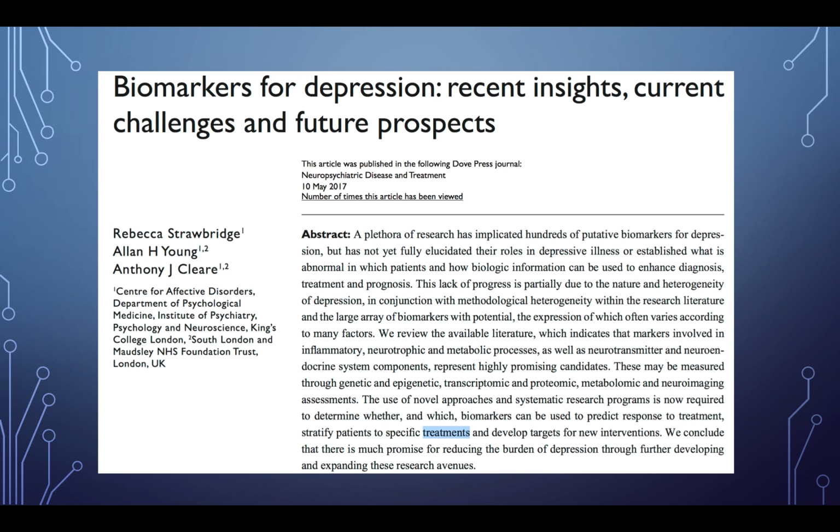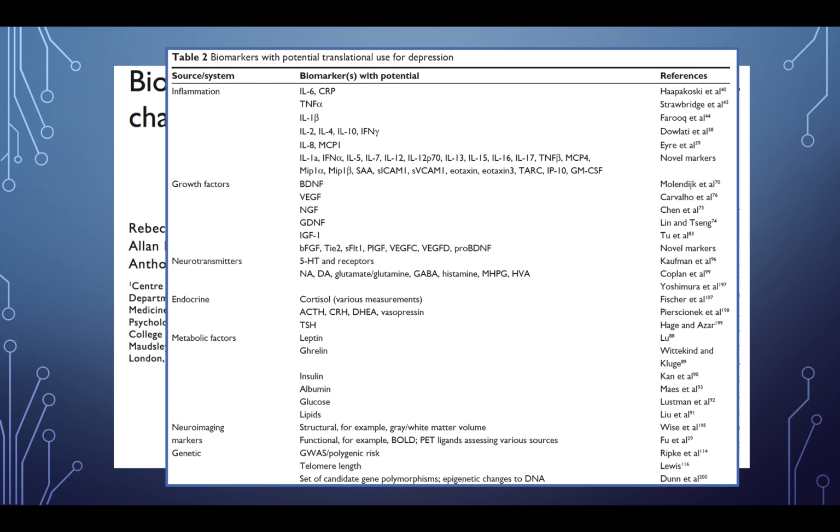And then biomarkers for depression, just because we talk about it, I think it's important. I believe that depression can definitely stem from an internal systemic inflammatory state that has not been addressed. So some recent insights, current challenges, and future prospects on it. So some biomarkers with potential translational use for depression. Again, just a review of some of the literature.